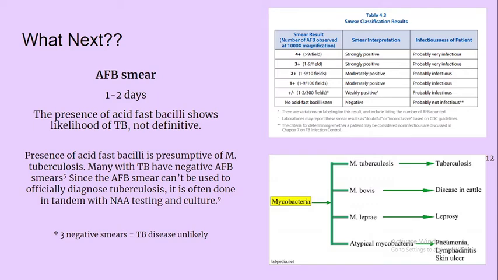If you look at the bottom right-hand picture, you can see M. tuberculosis on top, and M. bovis and leprae, atypical mycobacteria, all might appear on an acid-fast bacilli smear.